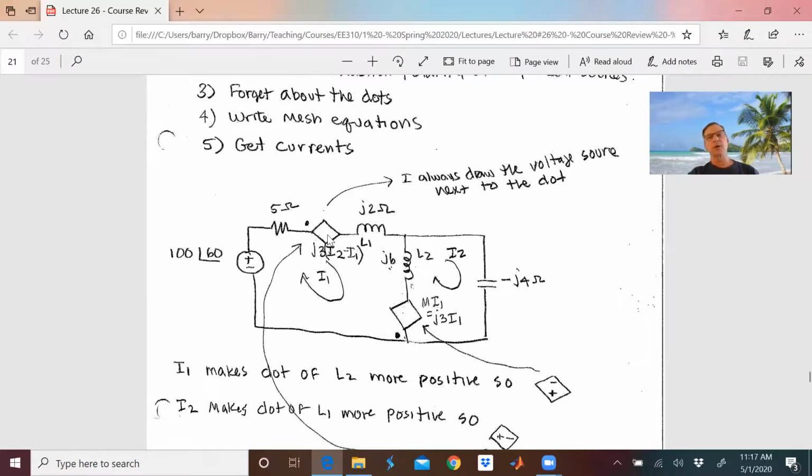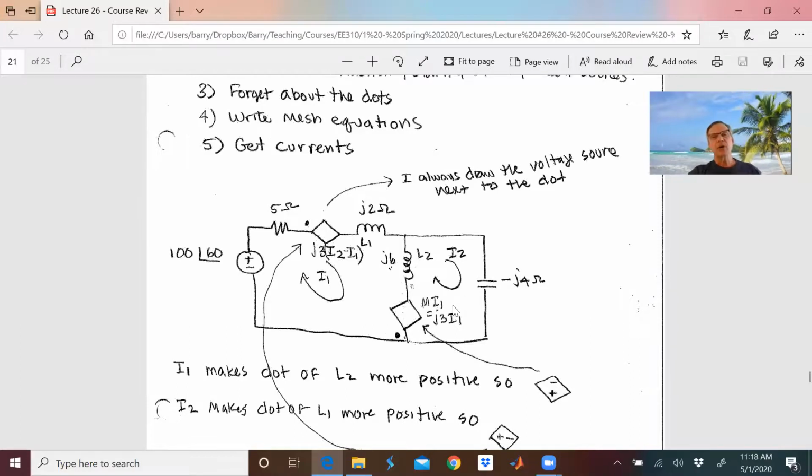And the next thing I'm going to do is just slap in the value of the voltage. I'm not going to put in the polarity. So here I say that it's going to be J3, which is the mutual impedance, times I2 minus I1, in other words, the current in this inductor, because it's the current in this inductor that's causing the voltage here. I could have made this I1 minus I2, which just means that the polarity here would be different.